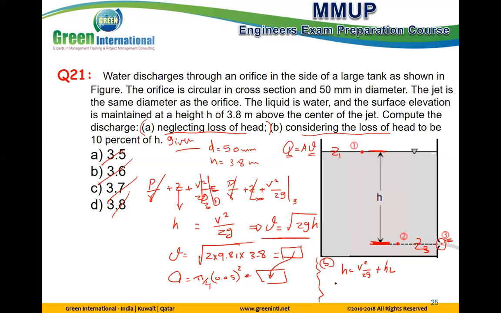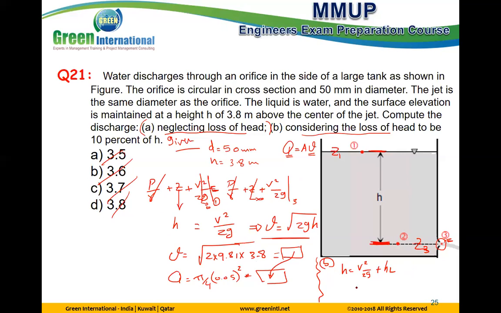In both situations, the question says first we should neglect the head loss, and second we should consider the head loss as 10%. It's the same equation. This is the last step. We just added H losses here.